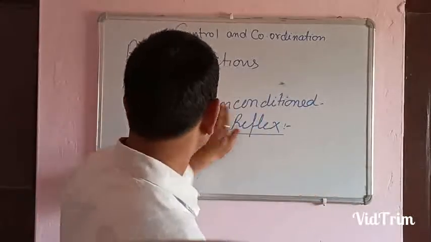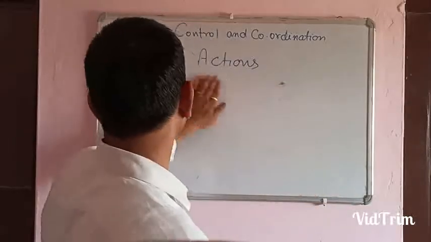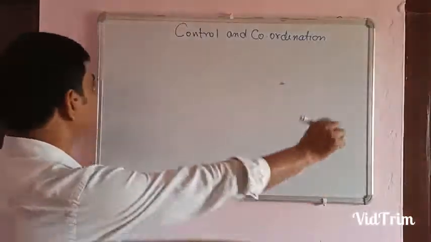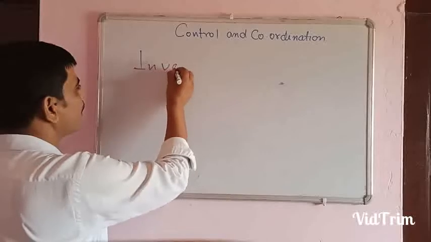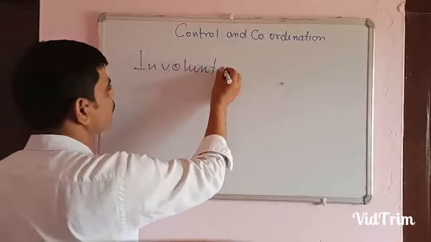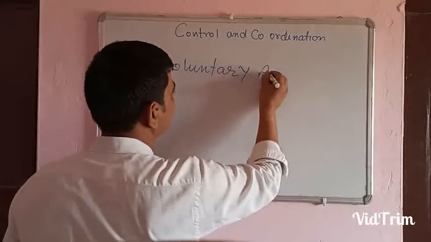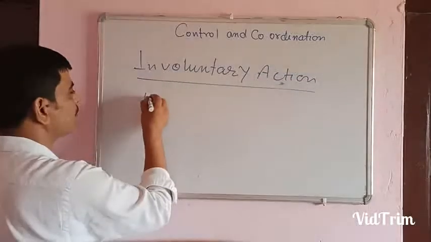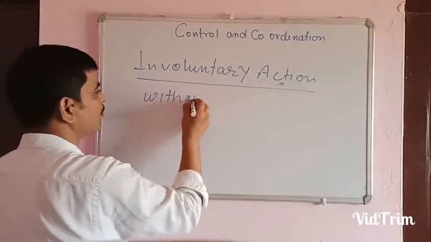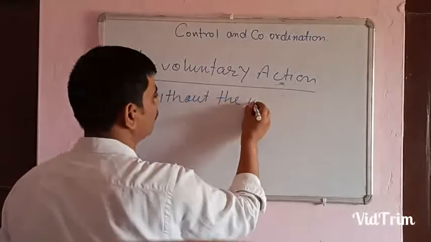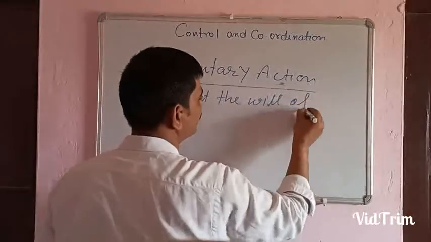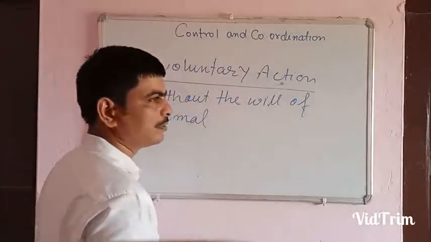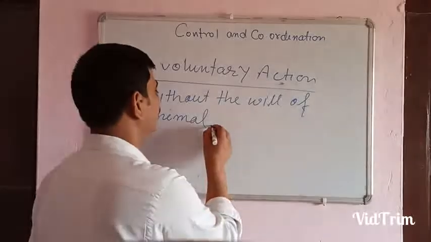Now, voluntary and involuntary actions are remaining. Involuntary actions are those actions that happen without the will of the animal. These actions are not under the control of animals.